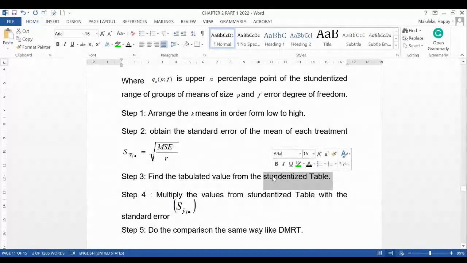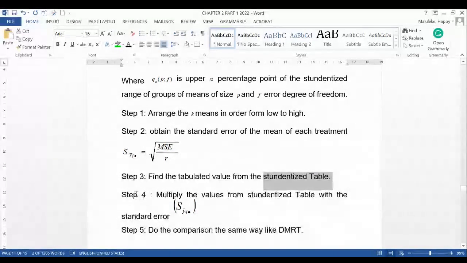If we're having 7 treatments, how many values will we collect from the Duncan table? Suppose we're applying the Duncan method, with 7 treatments. We'll collect 6, right? So the procedure also applies to the studentized table. When you go to that table, if you are using 5 means, you will collect 4 values from that table.